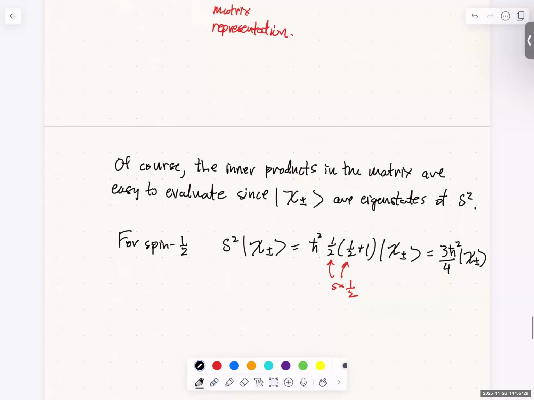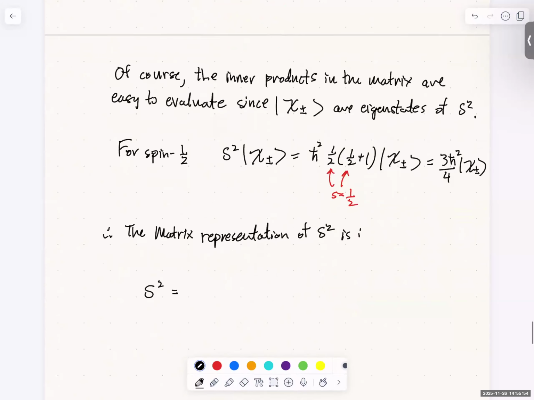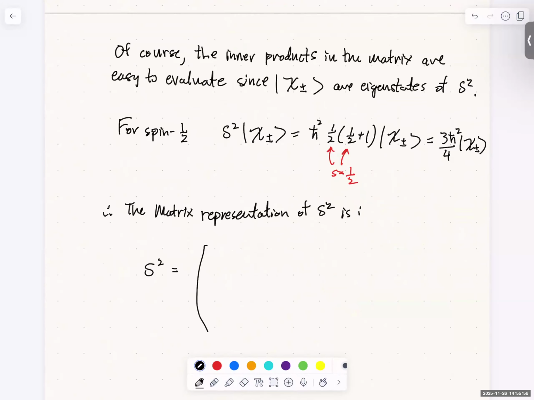All right. So therefore, the matrix representation of S squared is determined. I'll write it all out again.